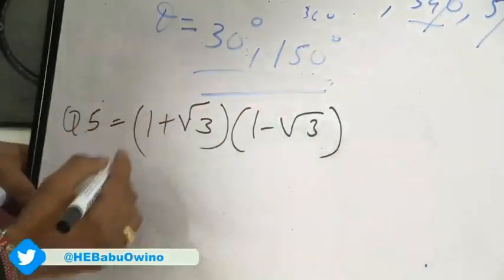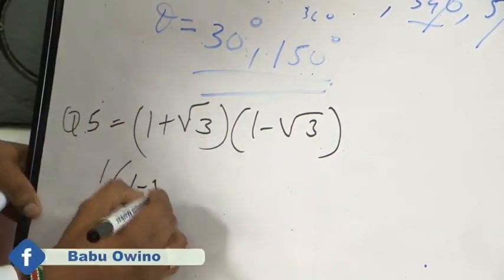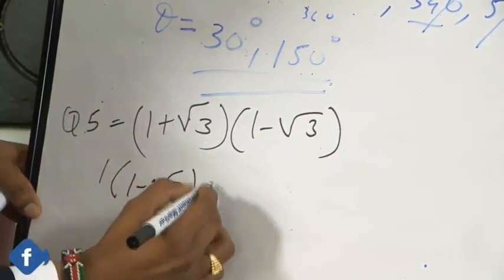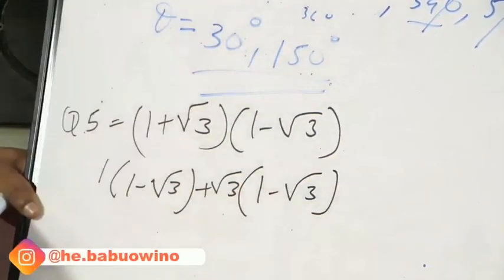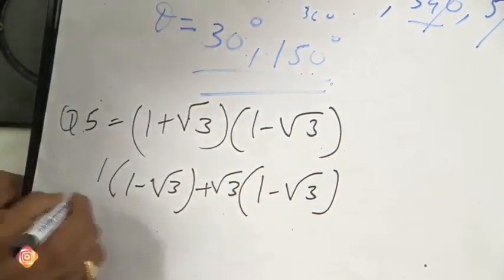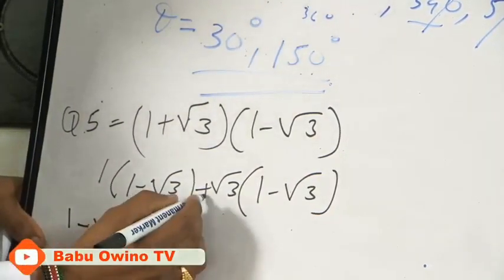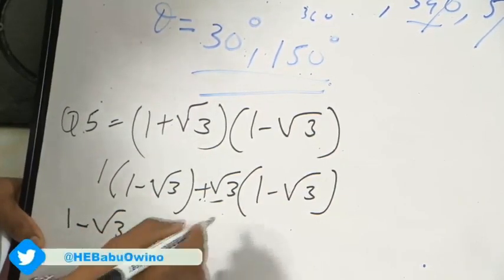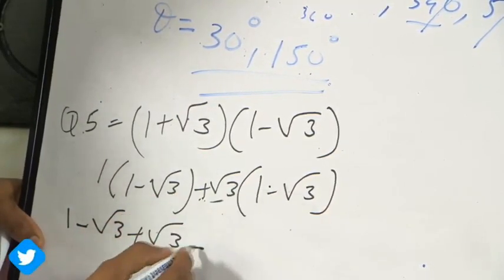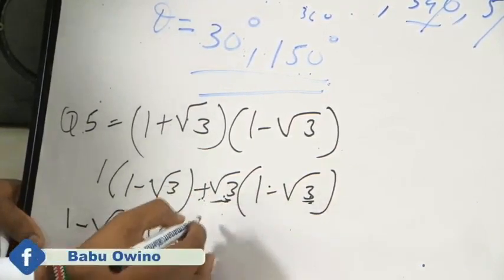Therefore, you just expand it. When you expand it, you write 1 into 1 minus root 3 plus root 3 into 1 minus root 3. 1 times 1 is 1, minus 1 times root 3 is root 3, plus root 3 times 1 is root 3. Then plus times minus is minus. Root 3 times root 3, just multiply what's inside the roots.